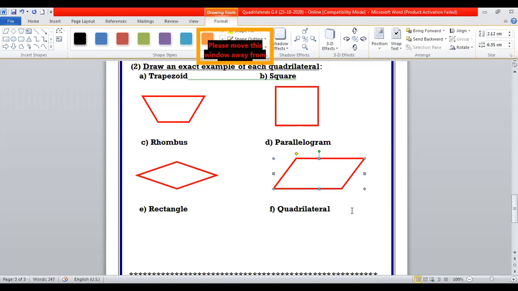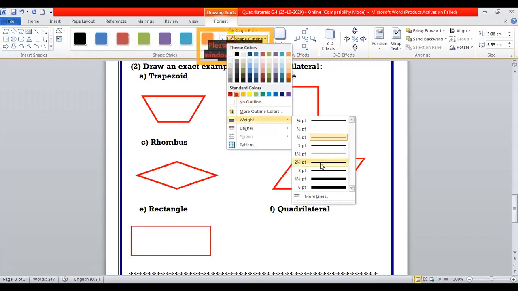Rectangle. This one is an example for the rectangle.